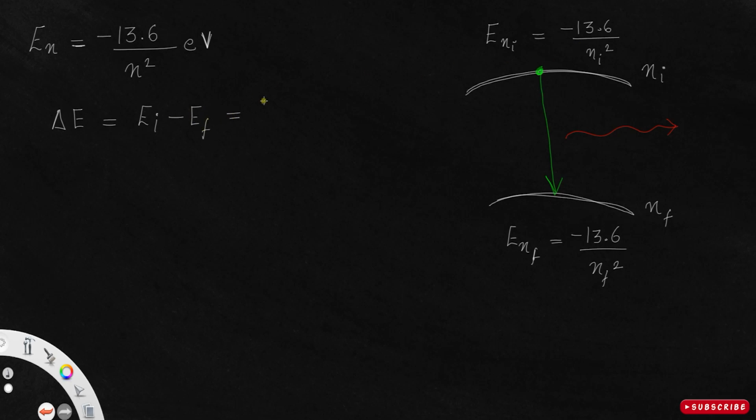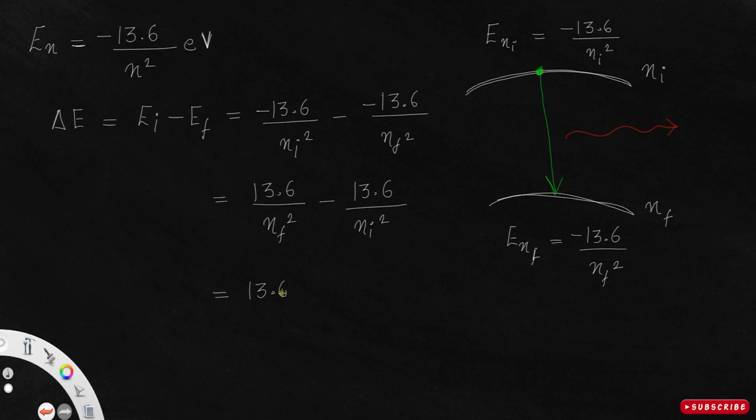That will be minus 13.6 divided by ni square minus 13.6 divided by nf square, in electron volts. So this will become plus 13.6 by nf square minus 13.6 divided by ni square. You can take this 13.6 outside, into 1 by nf square minus 1 by ni square.